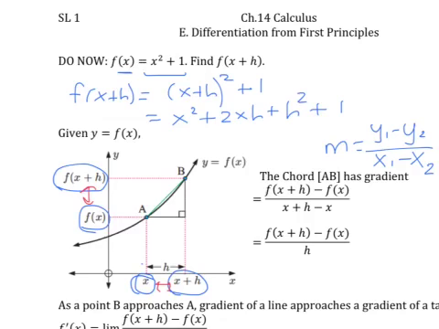It turns out we get f of x plus h minus f of x all over x plus h minus x. However, we can cancel out the x's, and therefore we're left with f of x plus h minus f of x all over h.